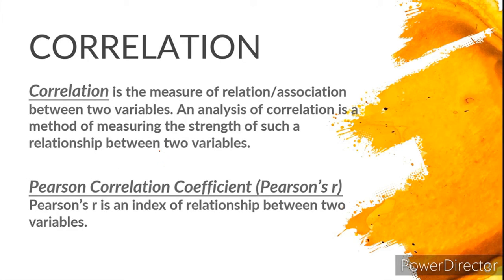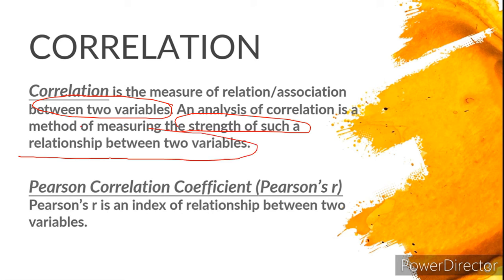What is correlation? Correlation is the measure of relation or association between two variables. Kung yung analysis of variance is 3, ito naman is two variables, pero different way on how to get the answer. Analysis of correlation is a method of measuring the strength of such relationship between two variables.